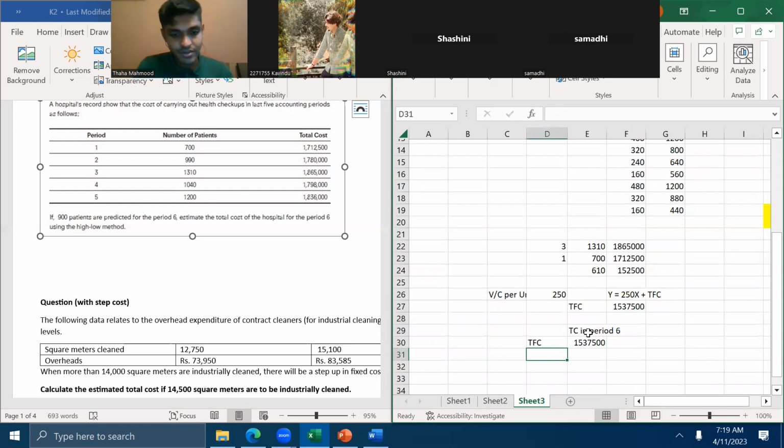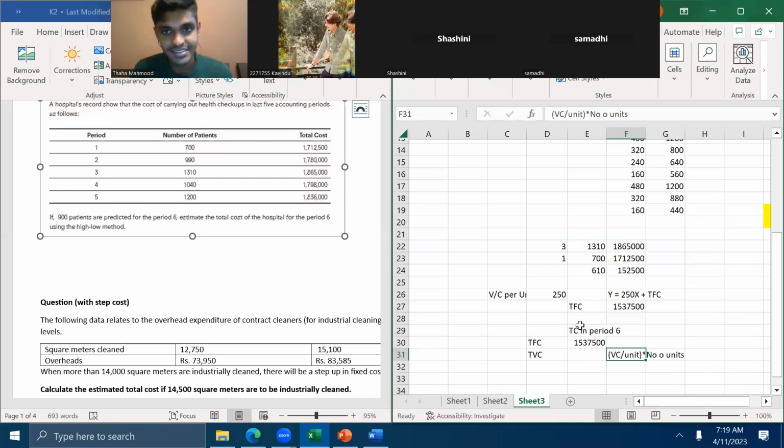And then we need the total variable cost. How do we get the total variable cost? It is variable cost per unit multiplied by the number of units, or let's say activity level units.